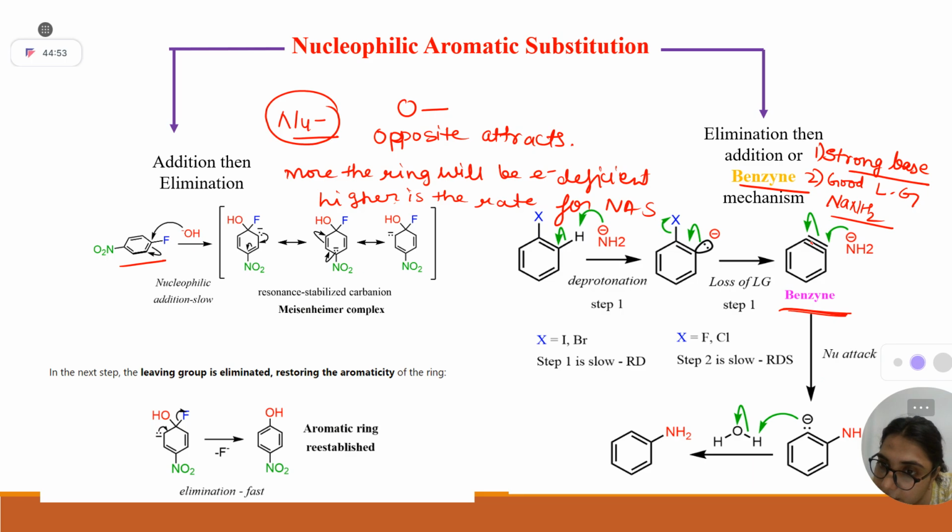The positive charge will be attacked by your external nucleophile, and the negative charge quenched by H plus from water. In NaNH2, what is the nucleophile? NH2 only, right? So instead of halogen you will get aniline. I hope you have understood.